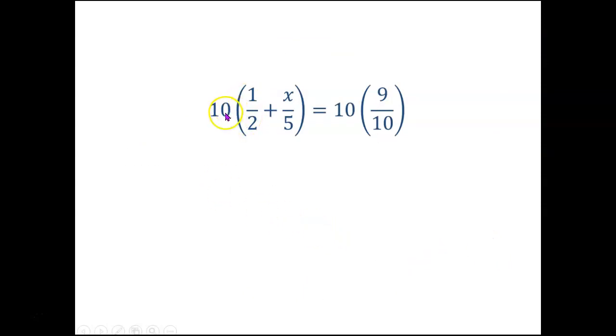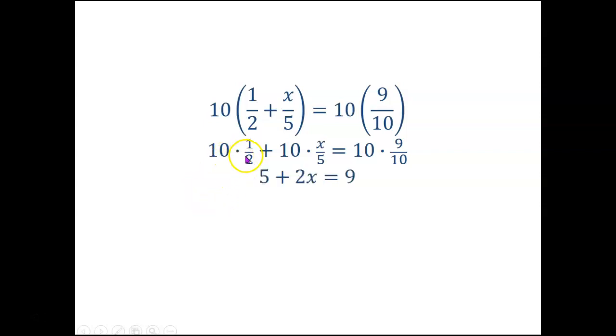So now, notice the distributive property says that this is 10 times 1/2 plus 10 times x/5. So each term is getting multiplied by 10. And the reason that's a good thing is because 10 times 1/2 would just be 5.